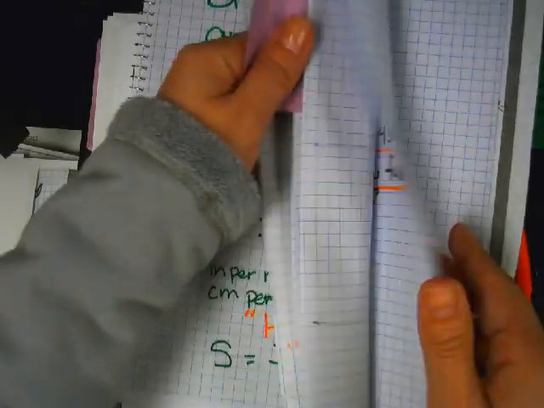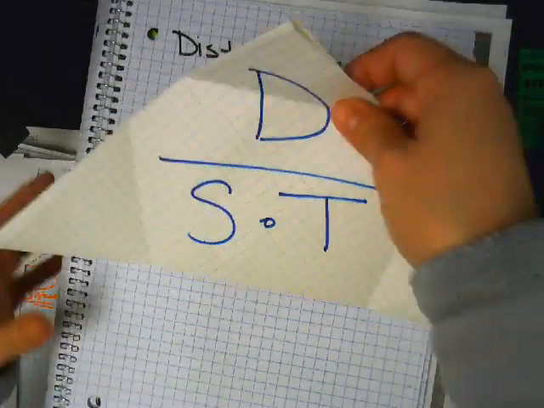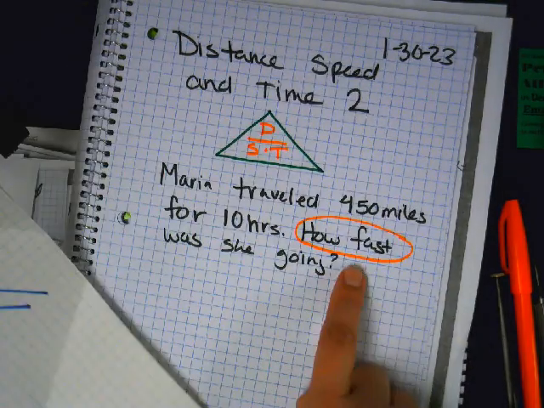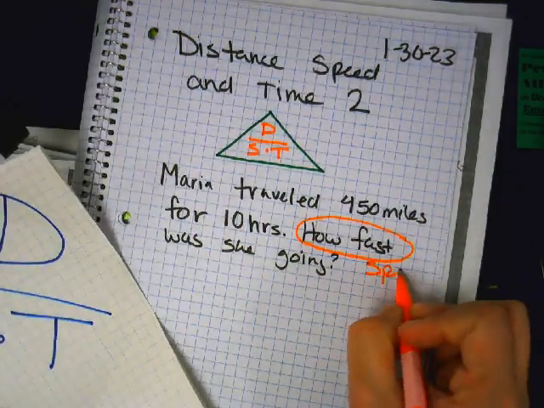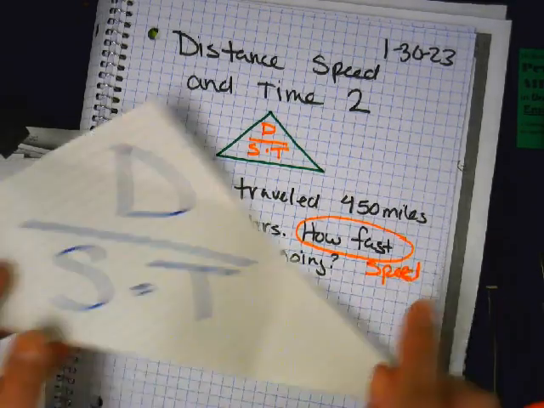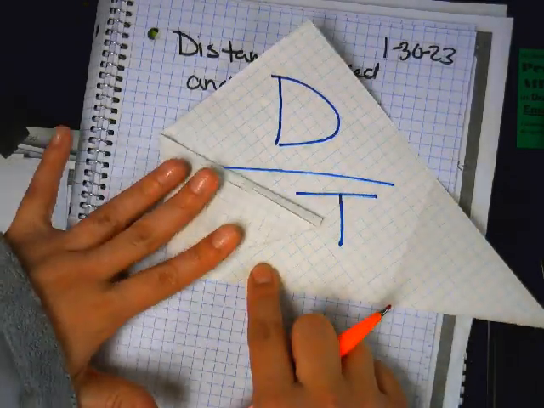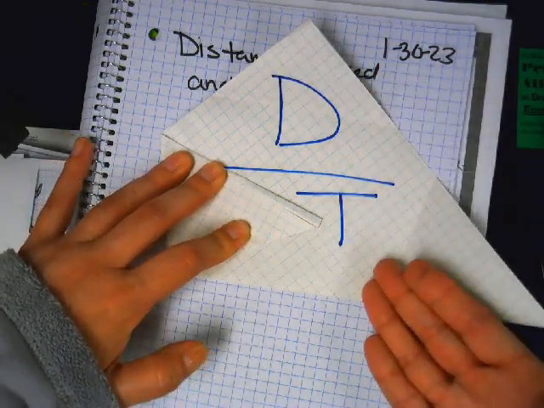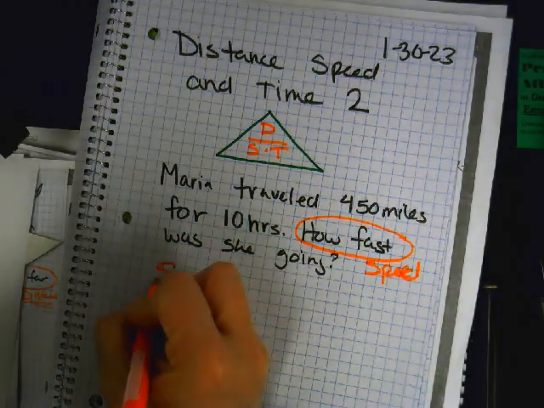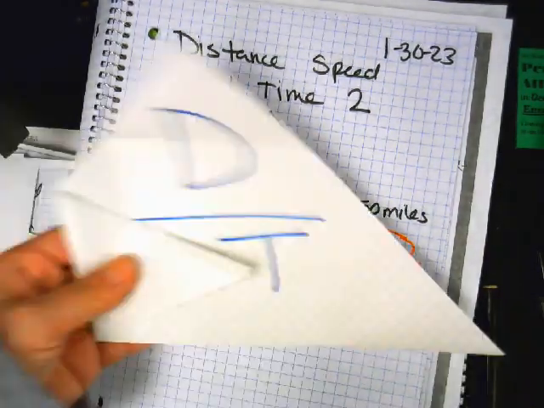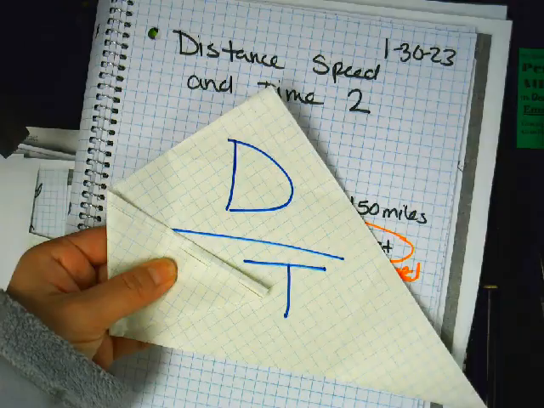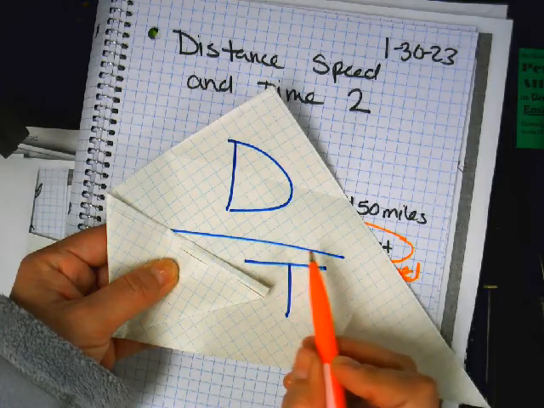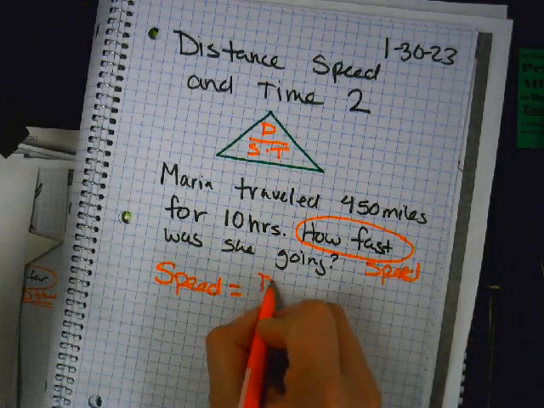So if I have my triangle, what letter do I cover up? S. You're solving for speed, so I'm going to cover up the S. What does it tell me to do? D divided by T, because this line means division. So D divided by T.